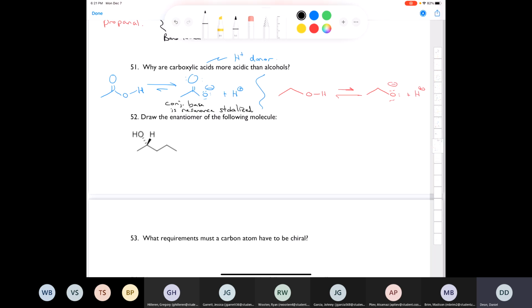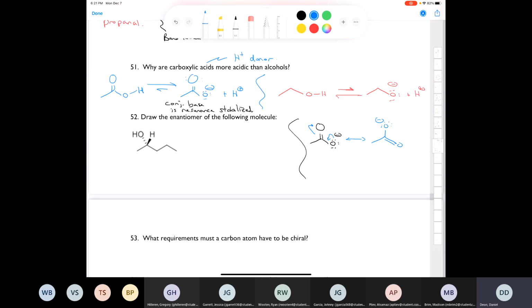If you're like, what do you mean by resonance, Mr. Deon? Well, what I mean is that negative charge doesn't just exist on this one oxygen, right? It can also exist on this oxygen at the top. Oops, that's not a resonance arrow. This is a resonance arrow. There we go. So it can also exist up here. Something you've got to keep in mind about electrons when you're studying chemistry is that electrons are very high energy.